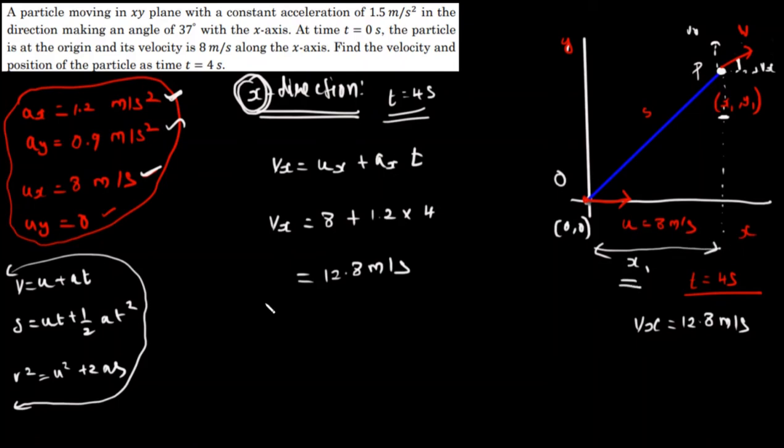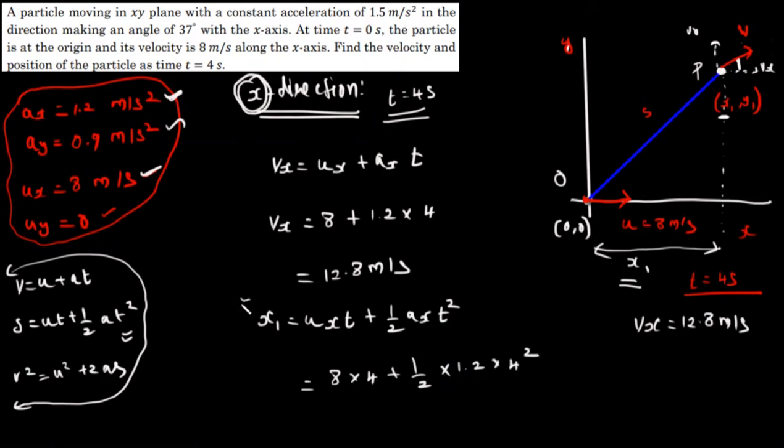So what formula can I use? Simply I can use the second formula. So x1 is equal to uxt plus 1 by 2 into axt square. Ux and ax are nothing but velocity and acceleration in the x direction. So ux is 8 and time is 4, plus 1 by 2 into ax, which is 1.2, and time taken, which is 4 square.